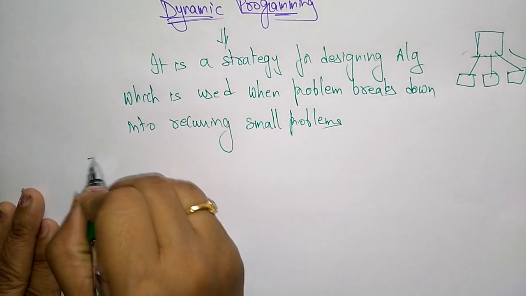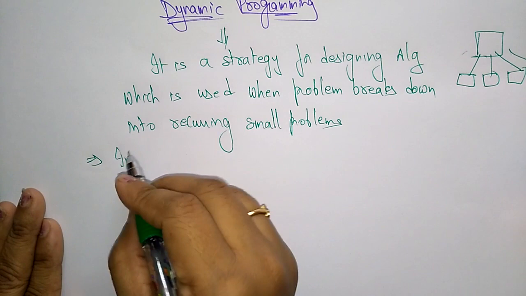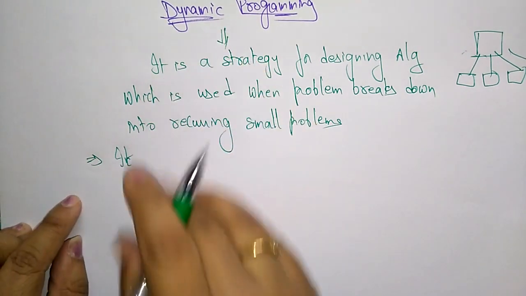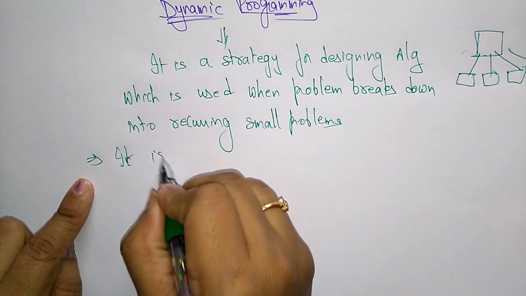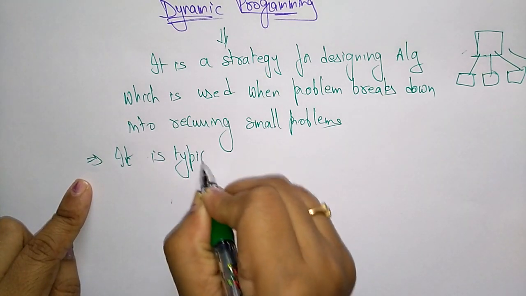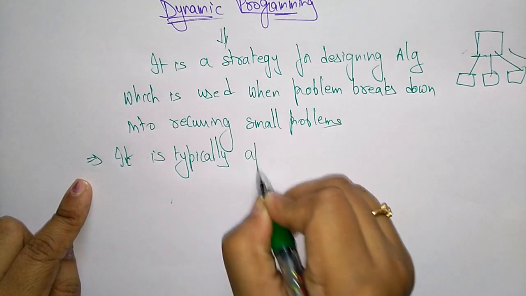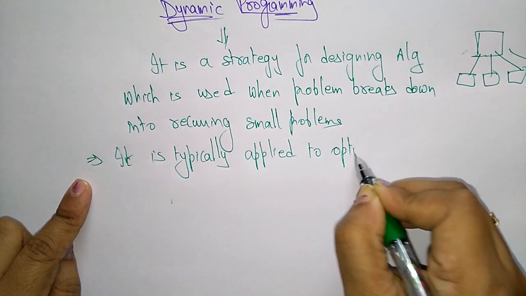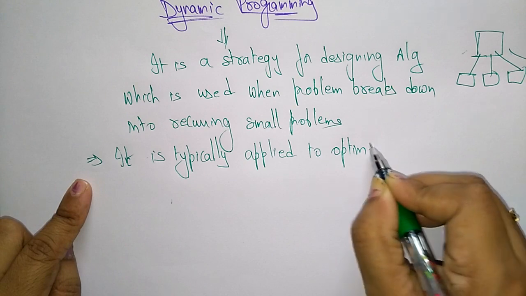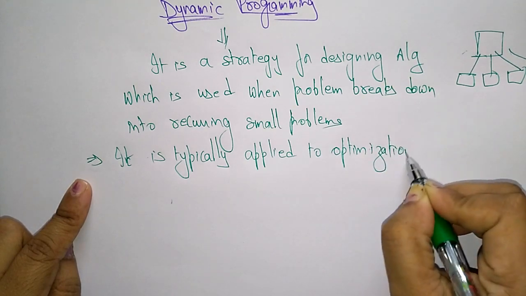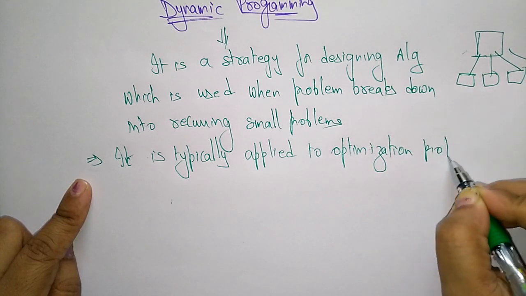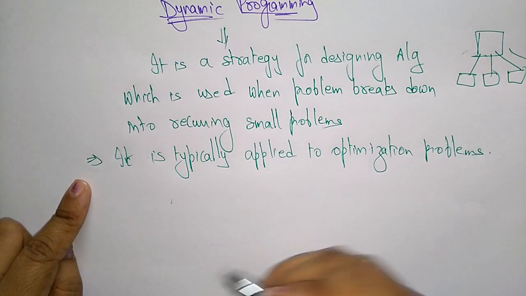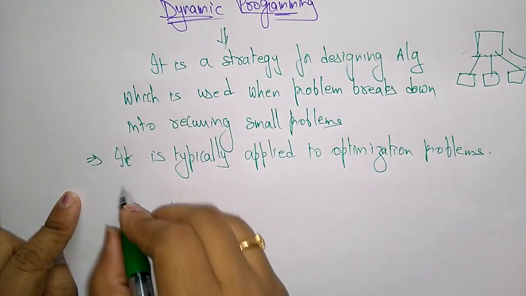It is typically applied to optimization problems. So whenever optimization problems are there, you can follow the dynamic programming approach rather than going for the greedy method or some other algorithm technique.